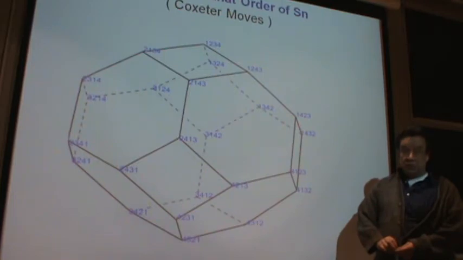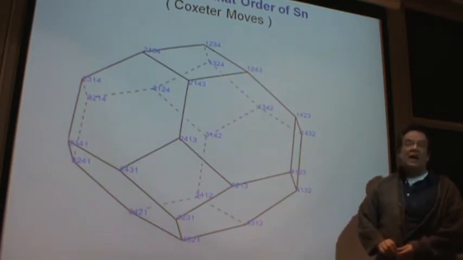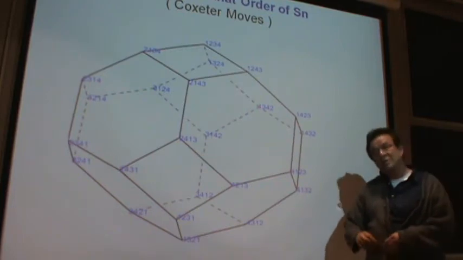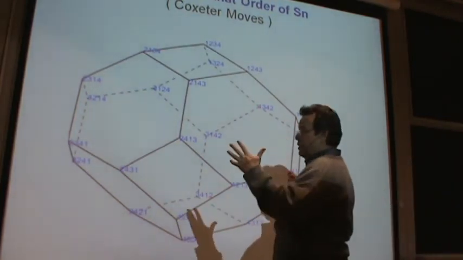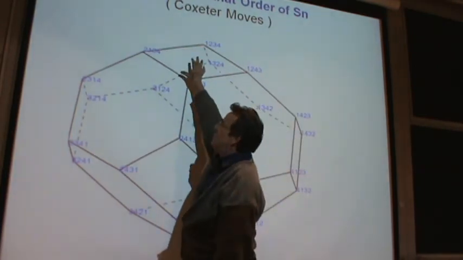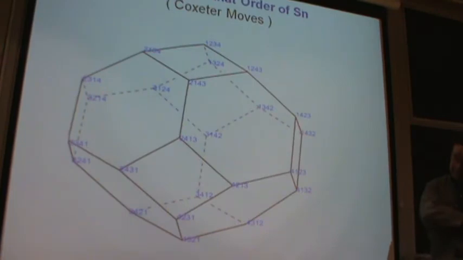So Coxeter proved any two maximal chains under the Weak Bruhat order, it was not called that way at that time, but he proved that you can move from one to the other by using quadrilateral moves or hexagonal. Is that completely clear?